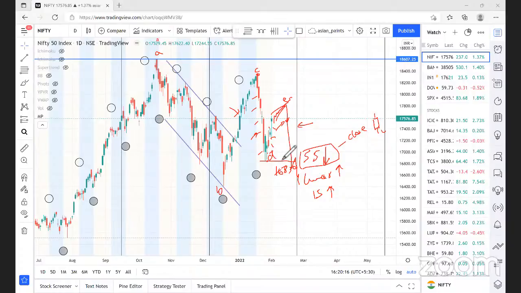Okay, so if that is the case, then we are going to form a topping pattern now. Imagine I've been talking bullish, bullish, and bullish right from this level. I've been talking about the market should come down here. I've been talking that the market should drift higher now, and then it should start coming down. So far, in the prediction we made on 15th Jan, there is nothing that has not happened.